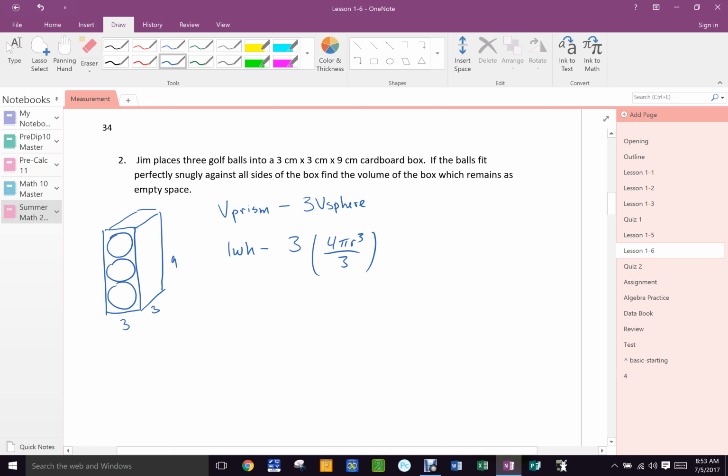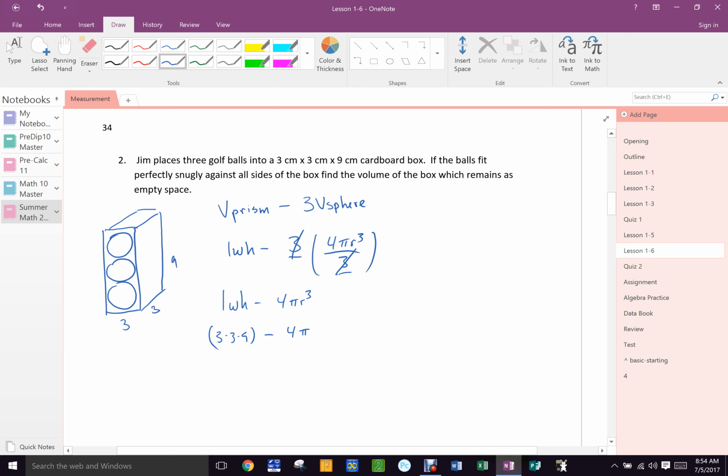What do I get to do with this 3 and this 3? Cancel them out, because 3 divided by 3 is 1. So what I really have is LWH minus 4 pi r cubed. LWH is real easy. 3 times 9 minus 4 pi. What's r?